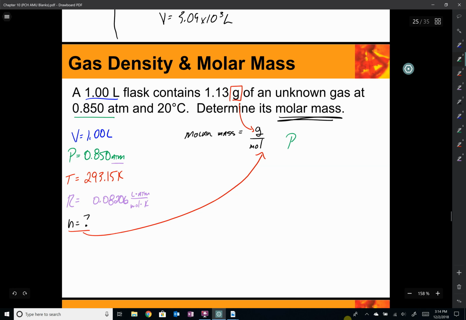So let's take a look at our ideal gas law, PV equals nRT. Let's rearrange to solve for n. So n is equal to PV over RT.